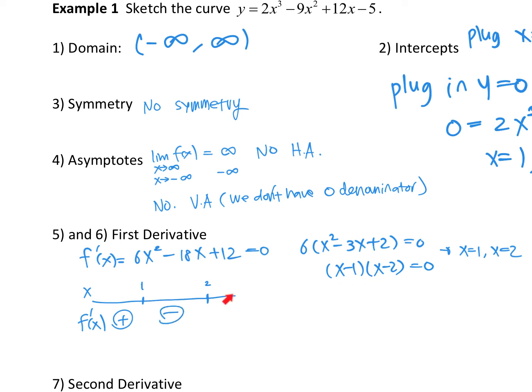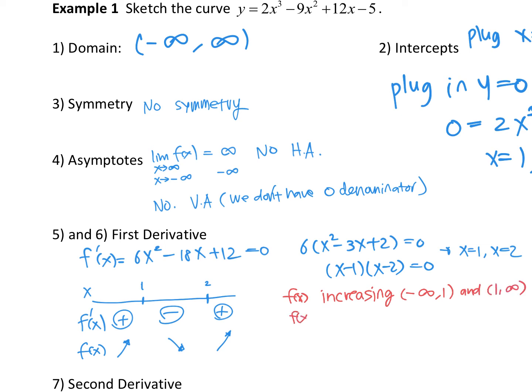And then pick some number here, 3. 3 minus 1 is positive, 3 minus 2 is positive. So that'll be positive. That means f of x is increasing, decreasing, increasing. So we have a local max here and a local min here, right? So f of x is increasing from negative infinity to 1 and also from 2 to infinity.